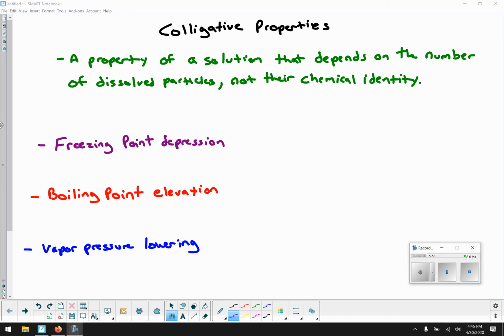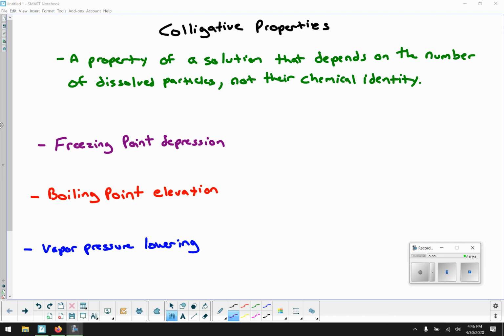And then vapor pressure lowering, which is basically about how fast the liquid evaporates. Vapor pressure is the pressure given off by the evaporating vapor at the surface of a liquid.